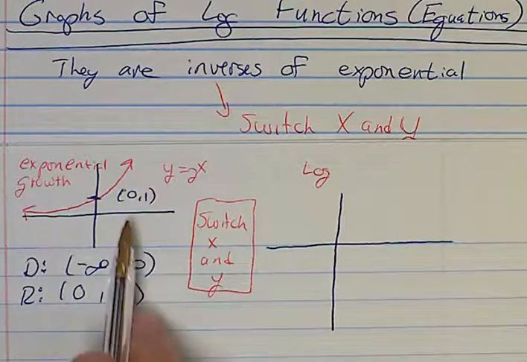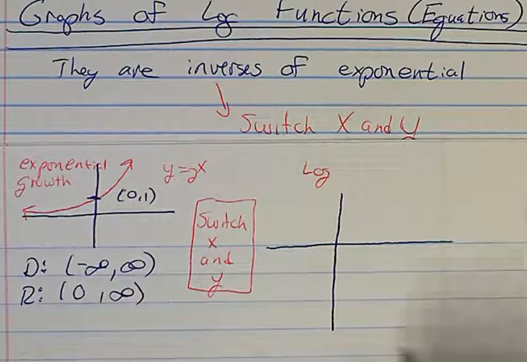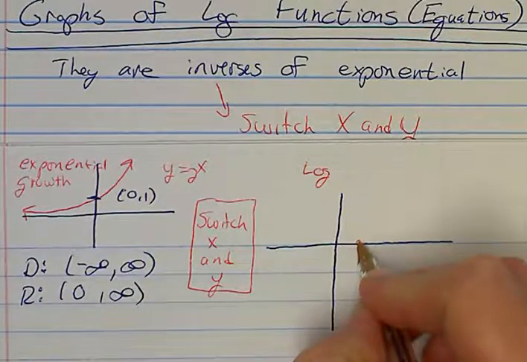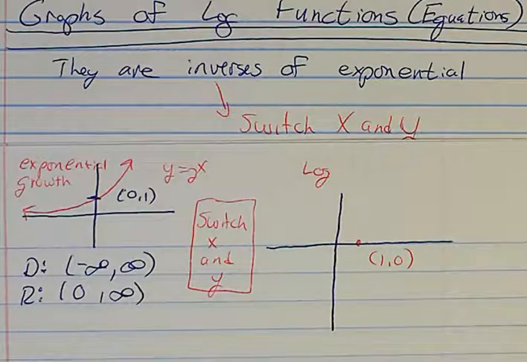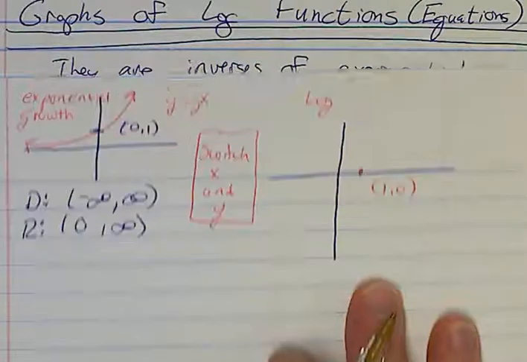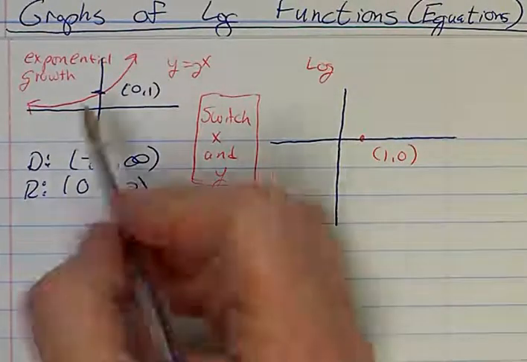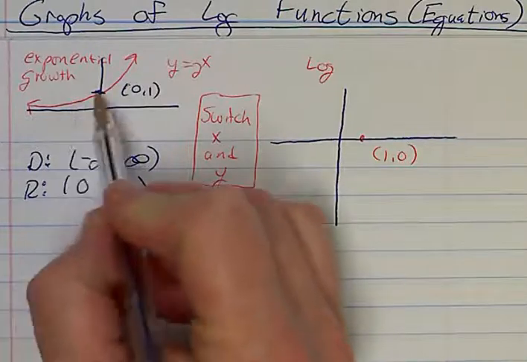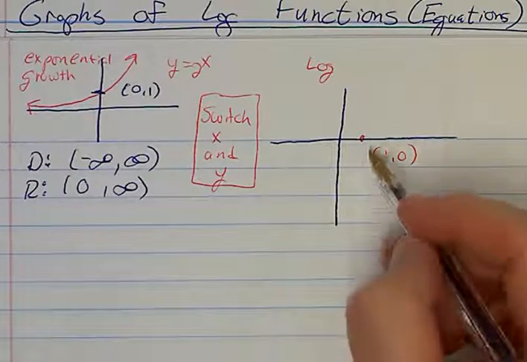So instead of (0, 1) being our focus point, now it's going to be (1, 0). Instead of this graph, when it bottoms out, it bottoms out close to the x-axis. Now we're going to bottom out close to the y-axis.